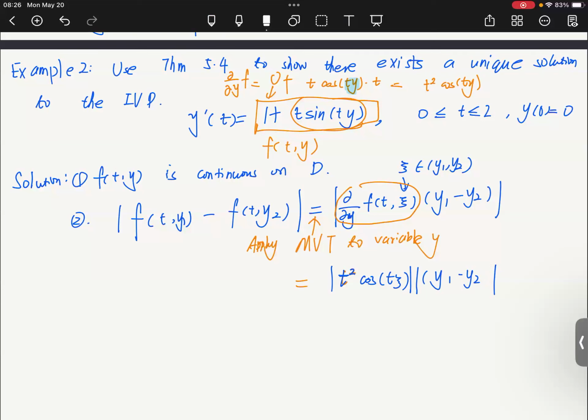We are getting close to the Lipschitz continuity condition. For t, we have an upper bound: the biggest absolute value of t in this interval is 2, so we can bound t squared by 2 squared. The biggest value of the cosine function is just 1, so that is times 1 here.